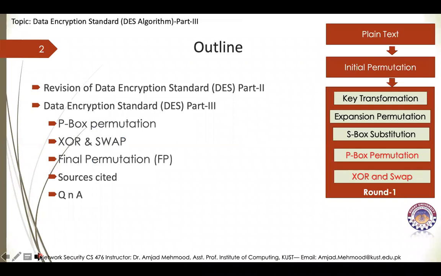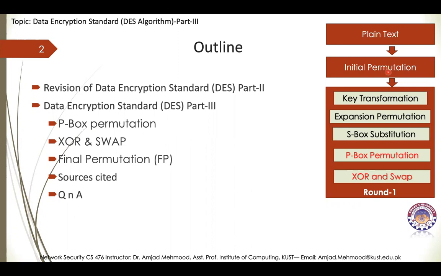We will be revising data encryption standard DES part 2 first, and then we will be studying data encryption standard part 3. As you know, you can see here I have shown the diagram for the illustration that at the beginning you have passed 64 bits to DES, and then it is passed to initial permutation, where the permutation means jugglery of bit positions.